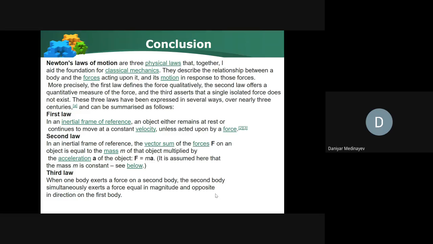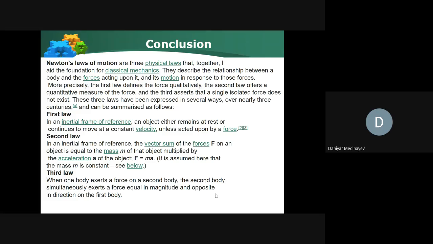And what about the second law? Also in an inertial frame of reference, the vector sum of the forces F, or net force, on an object is equal to the mass m of that object multiplied by the acceleration a of the object, and can be summarized by the equation F = ma, where F is equal to the multiplication of the mass of the object and its acceleration.